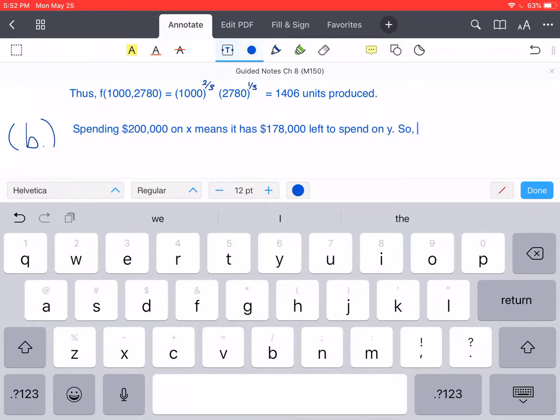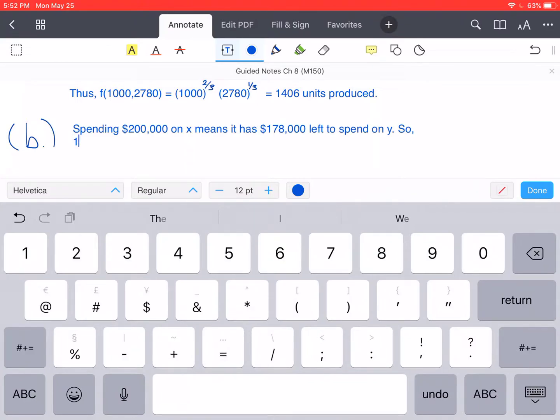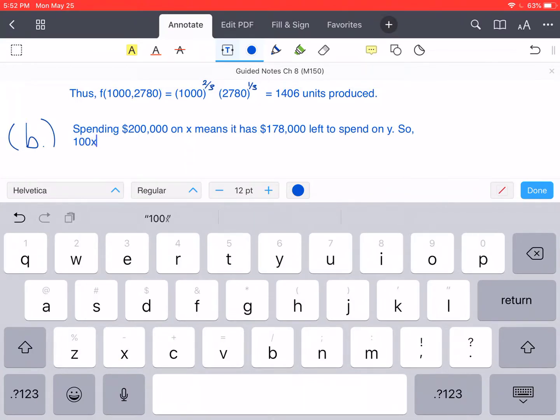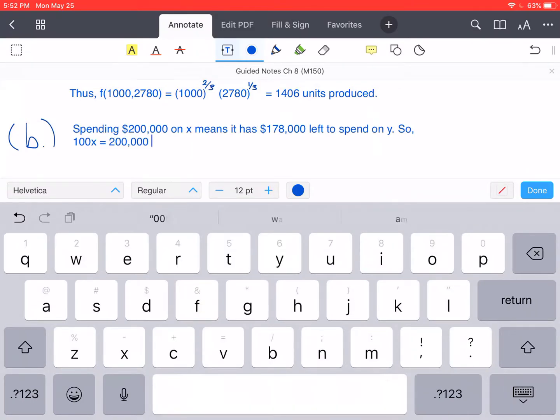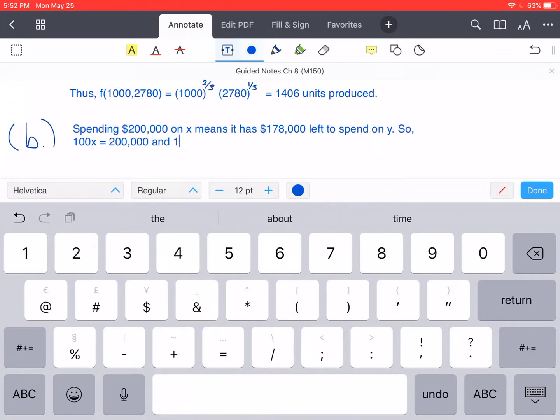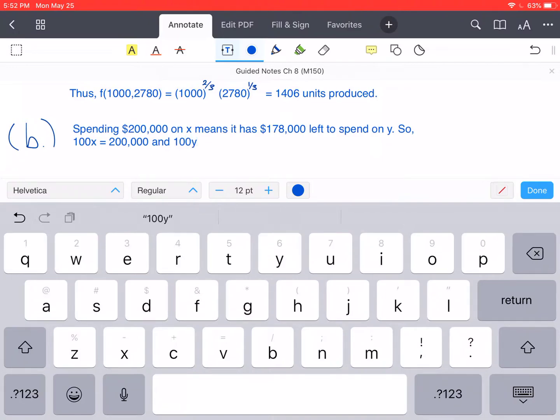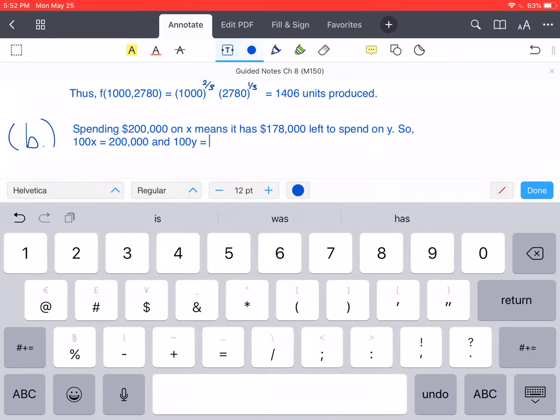So if we set up our cost equations here, that's 100x equals 200,000 this time, and 100y equals 178,000.